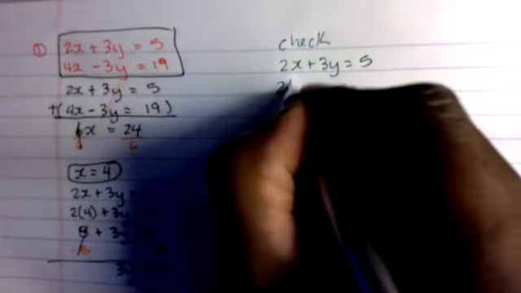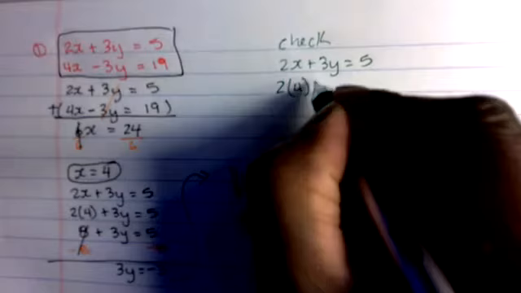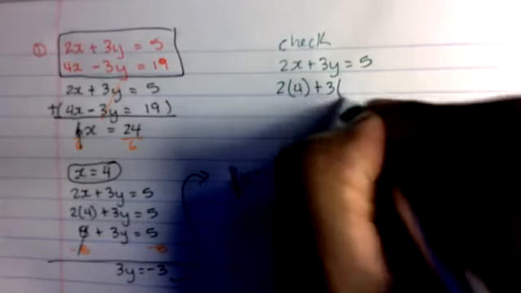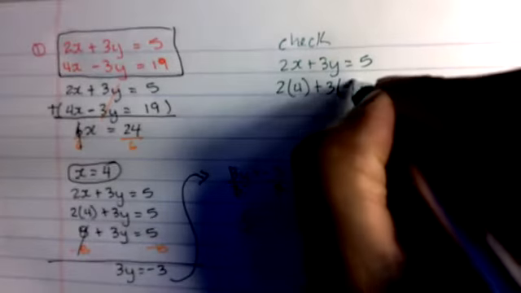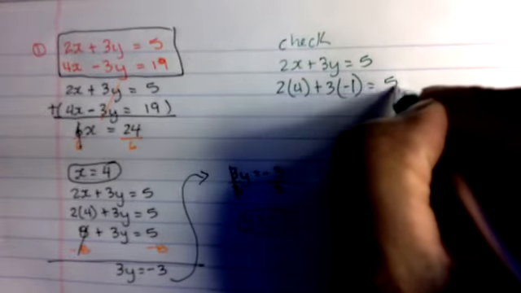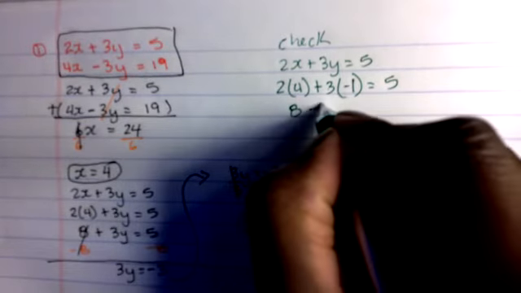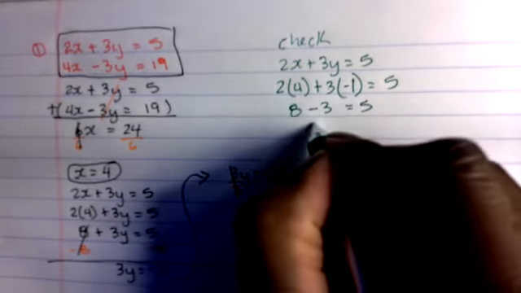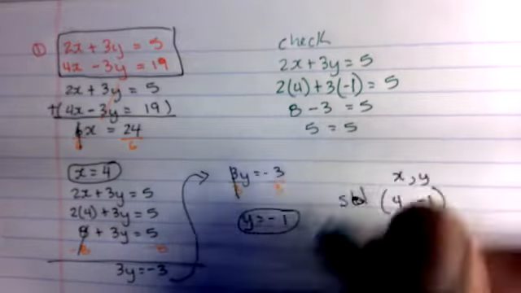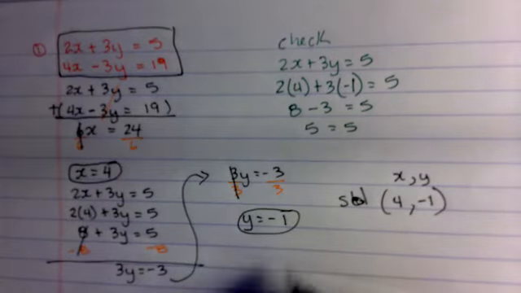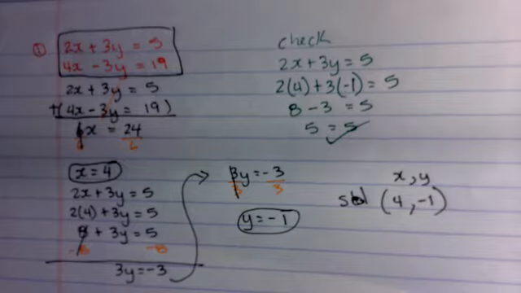So it's going to be 2 times x, which is 4, plus 3 times y, which is negative 1, is equal to 5. So we have 8, 3 times negative 1 is minus 3, is equal to 5. We have 5 is equal to 5. So you can always check to verify your answer. And that's correct. So that's number 1. All right. And again, this is my solution here.